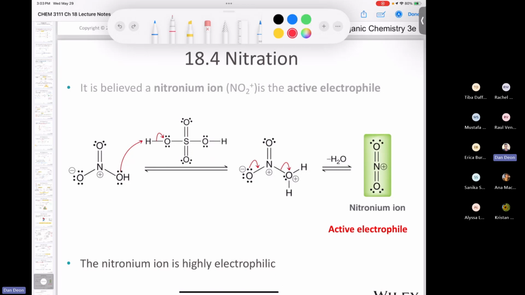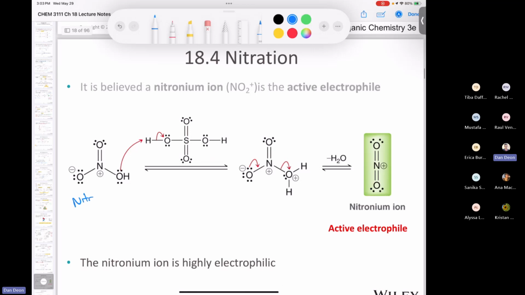Well, before we get into that, let's talk about the nitronium ion, that ion that I drew on the last page. Now, if you're wondering, where does that come from exactly? Well, when you mix nitric acid, and you guys all recognize sulfuric acid, when you mix those two acids, it turns out that sulfuric acid, H2SO4, has a pKa of around -9, whereas HNO3 has a pKa that is below it.